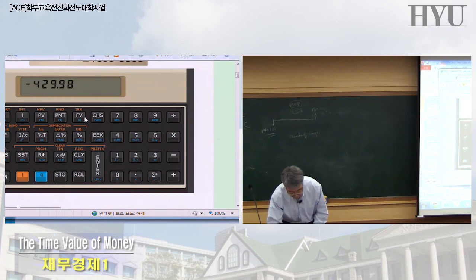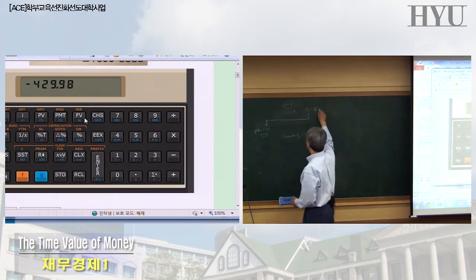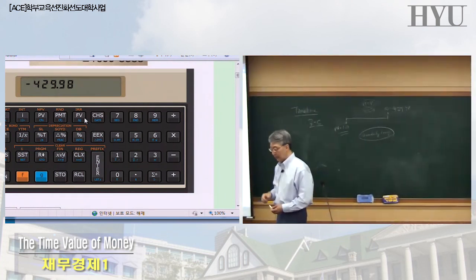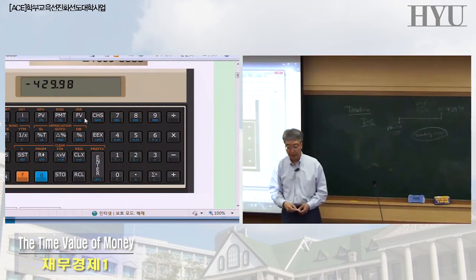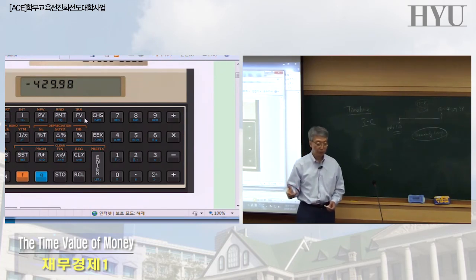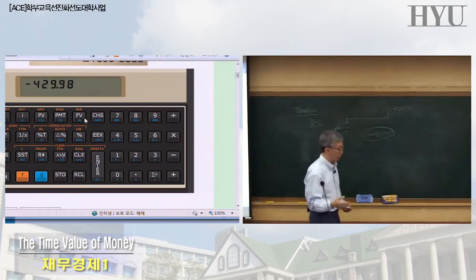And future value is 429.98. Okay. This time use quarterly compounding, right? So the number of periods N will be 32. I will be 5. Try and see what happens.